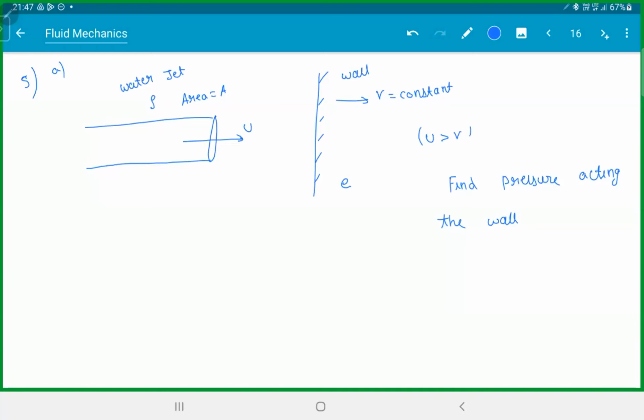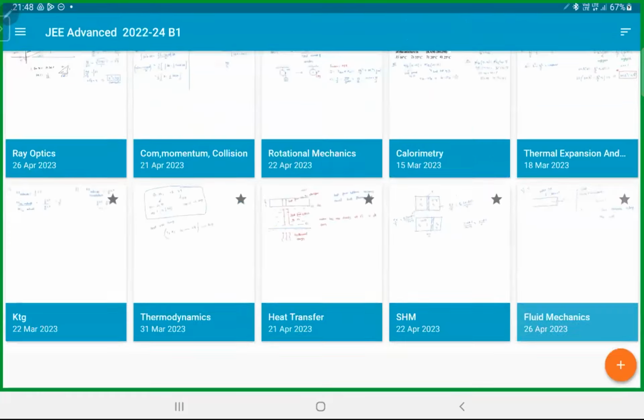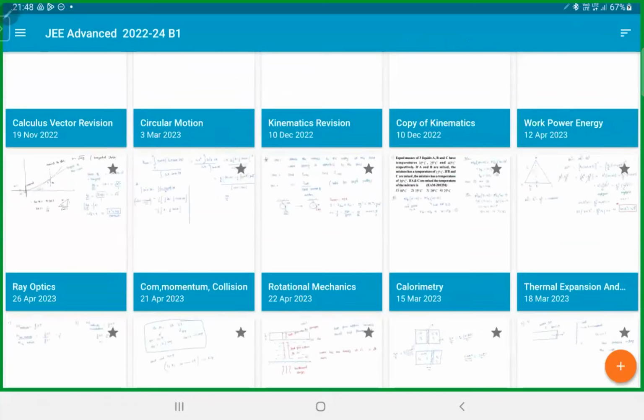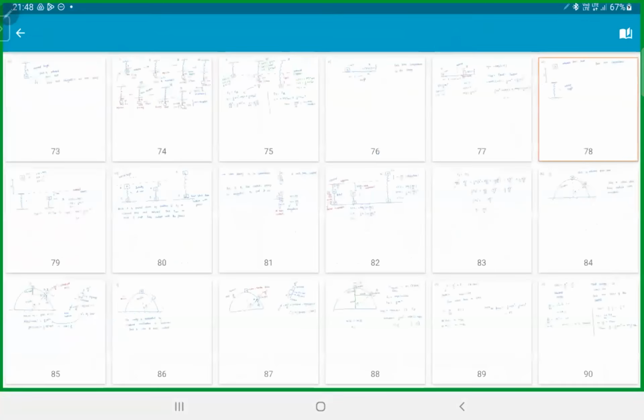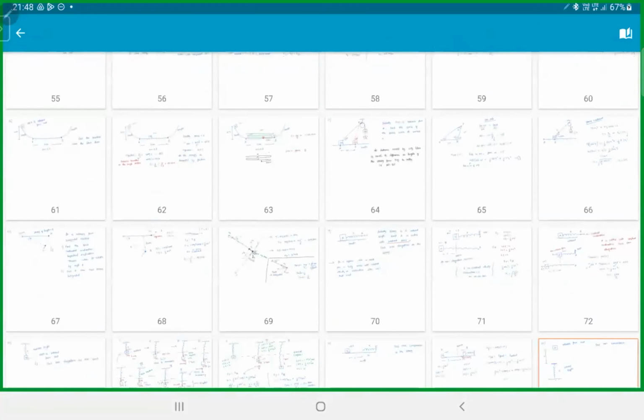Should I help you? I'll tell you one thing. There are certain words which you should always remember. Here, what is happening? v is constant. I told you something: if something is going with constant velocity, what are you supposed to do? If you're wondering where we did that, we did this in multiple places. But I think the first time you encountered this was here.